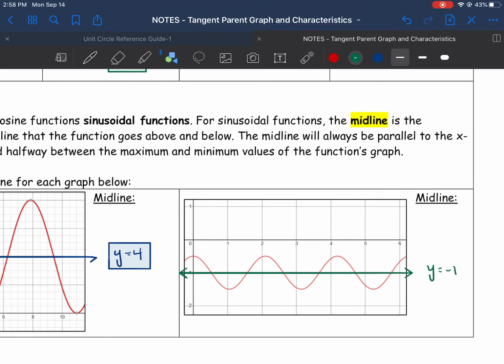And again, let's just go ahead and verify real quick. From the maximum point to the midline, we have a distance of 1/2. And from the minimum point to the midline, we have a distance of 1/2. So y equals -1 is indeed the midline.